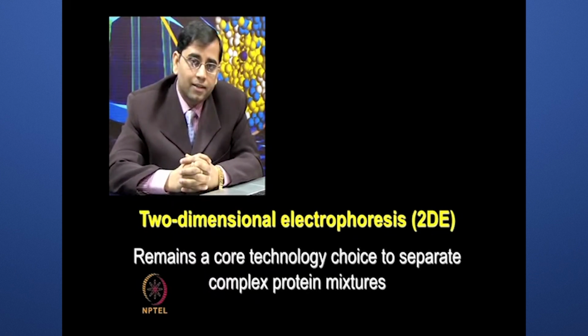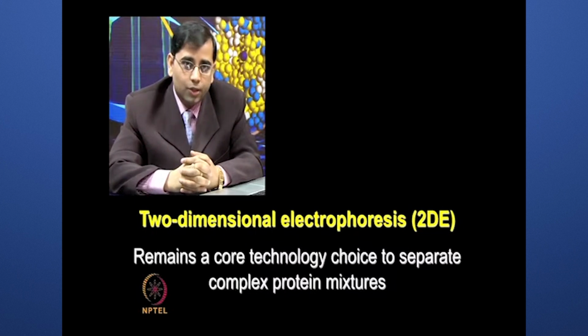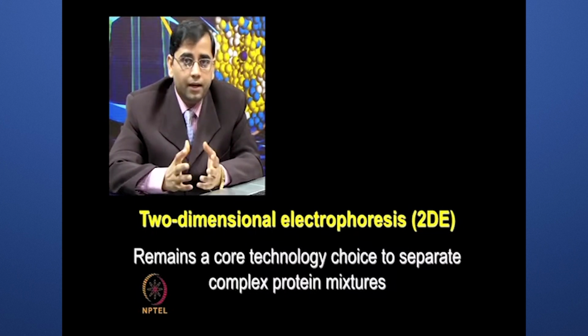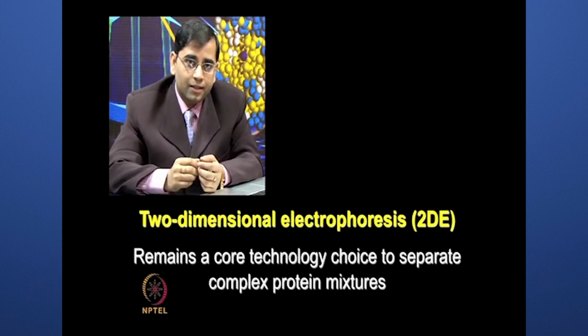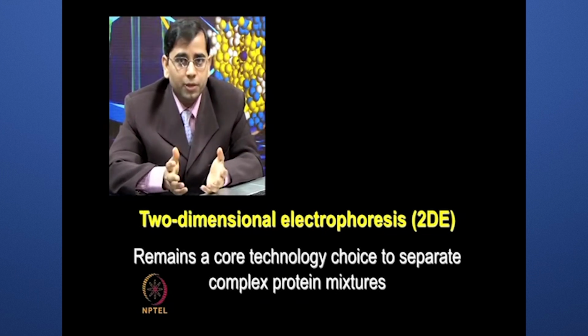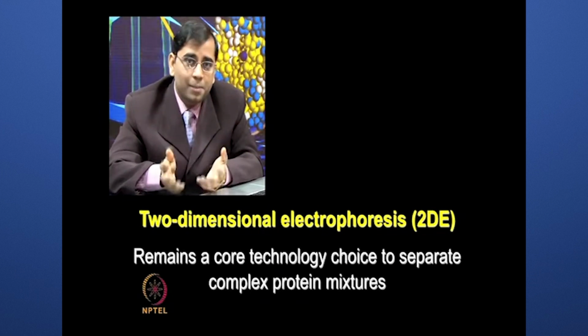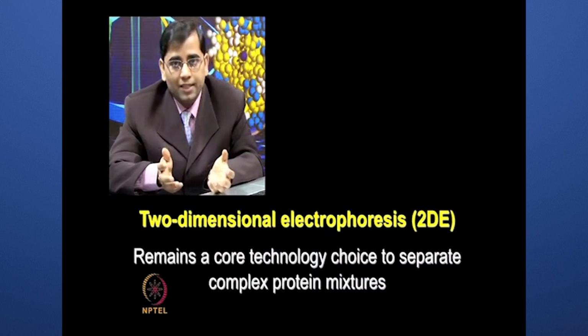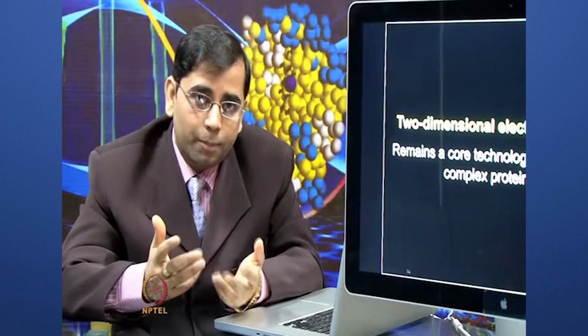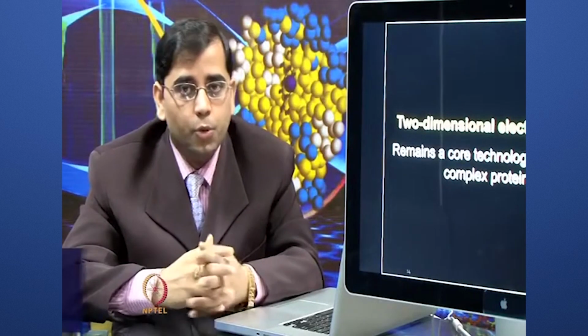Interestingly, two scientists, Klose and O'Farrell, applied two-dimensional electrophoresis to study different biological problems, and simultaneously they reported independently in 1975 that the two-dimensional electrophoresis method can be used to separate the proteins based on both molecular weight and isoelectric point.